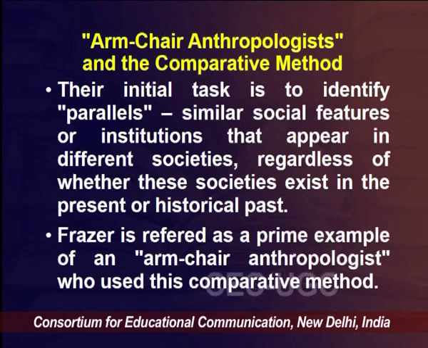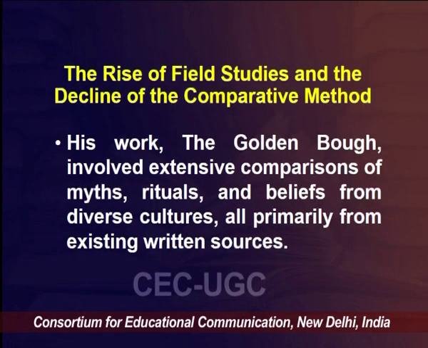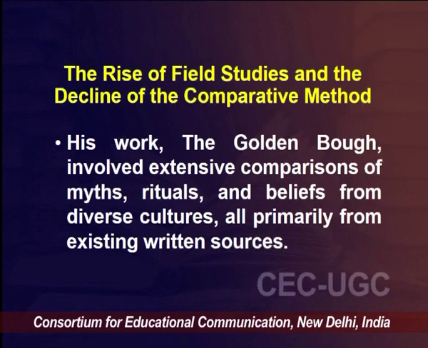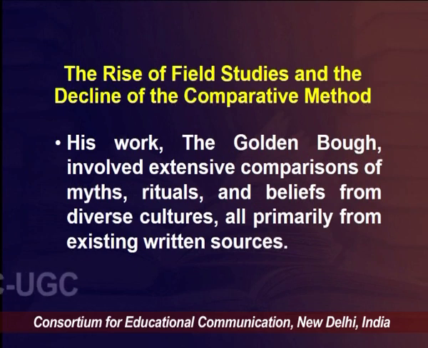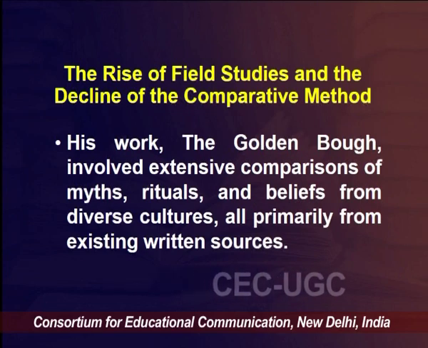Frazer is referred to as a prime example of an armchair anthropologist who used this comparative method. His work involved extensive comparison of myths, rituals, and beliefs from diverse cultures, all primarily from existing written sources.